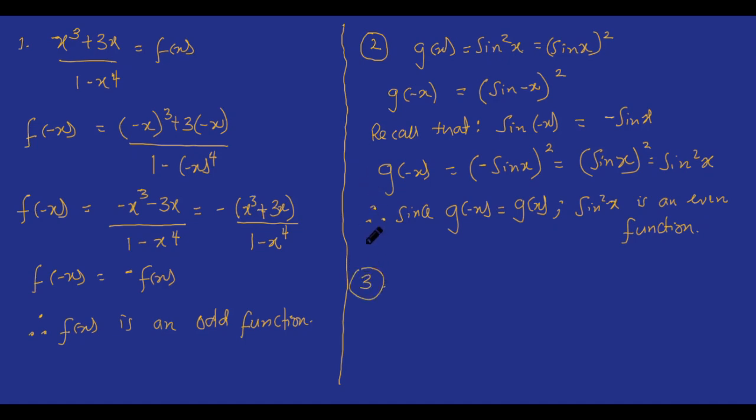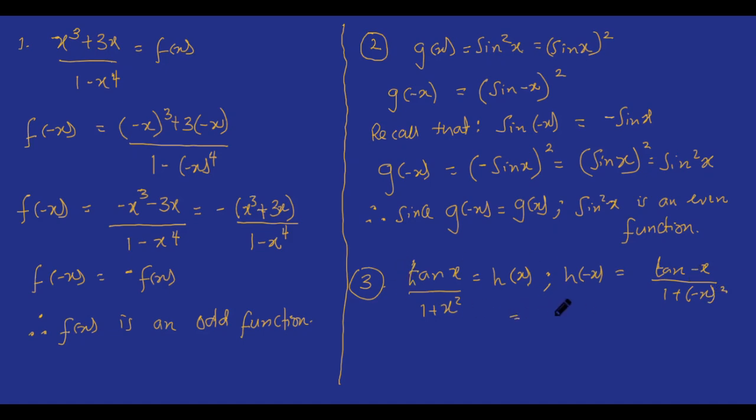The third question that we have here is tan x divided by 1 plus x squared. Let's represent this as h of x. So this means h of minus x becomes tan minus x divided by 1 plus minus x squared.